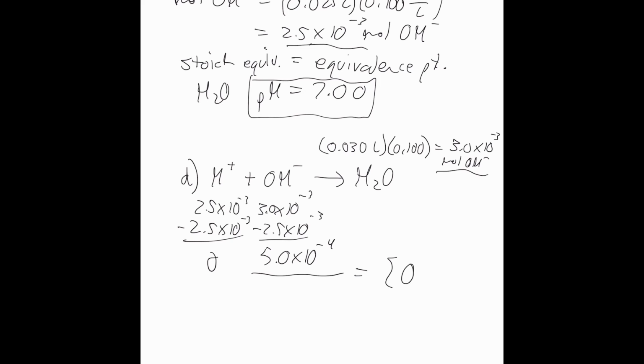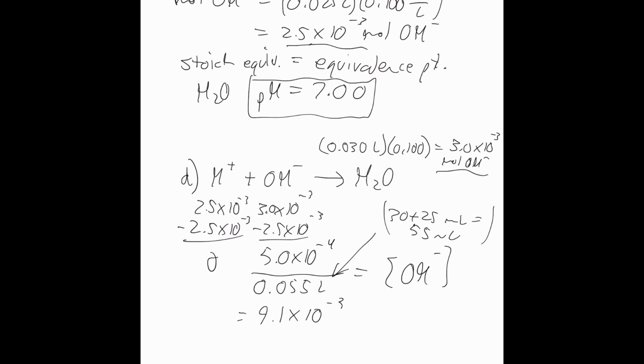If I wanted to convert that to concentration, I need to divide it by the volume. In this case, let's assume that we have 0.055 liters, so 30 plus 25 milliliters equals 55 milliliters, right? And so then that's our concentration, which, if I'm not mistaken, is 9.1 times 10 to the minus 3.